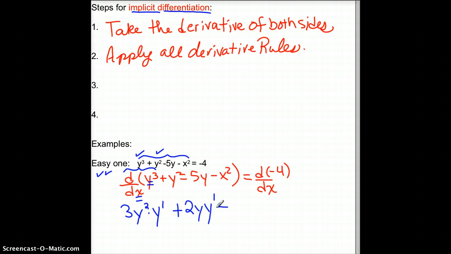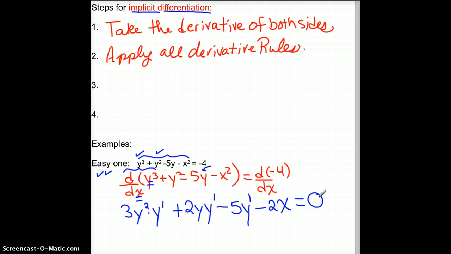Then the derivative of minus 5y: the constant multiple rule says this does not affect it, and you take the derivative of what's left. The derivative of y is itself y prime. And the derivative of x squared with respect to x is 2x. And on the right-hand side, as always, the derivative of a constant is equal to 0.